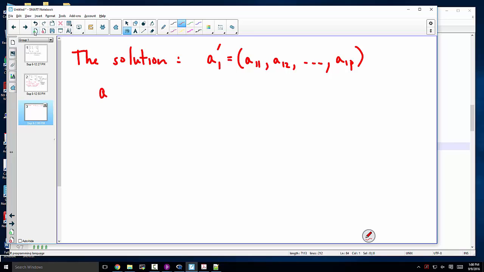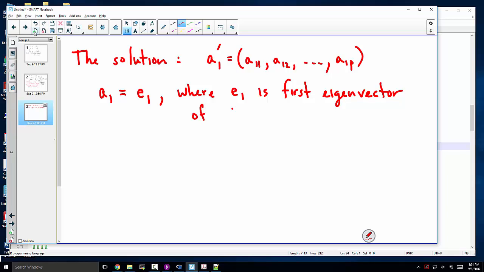Pick a1 to be what we'll call e1, where e1 is an eigenvector. e1 is the first eigenvector of sigma.